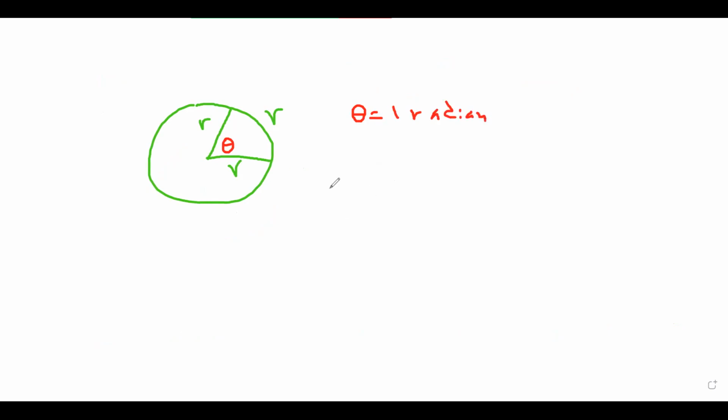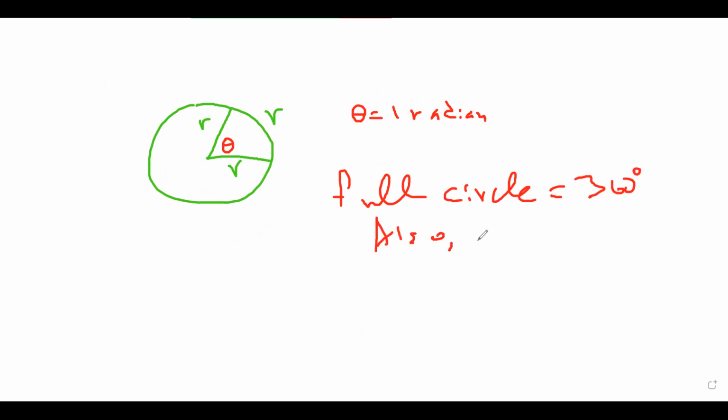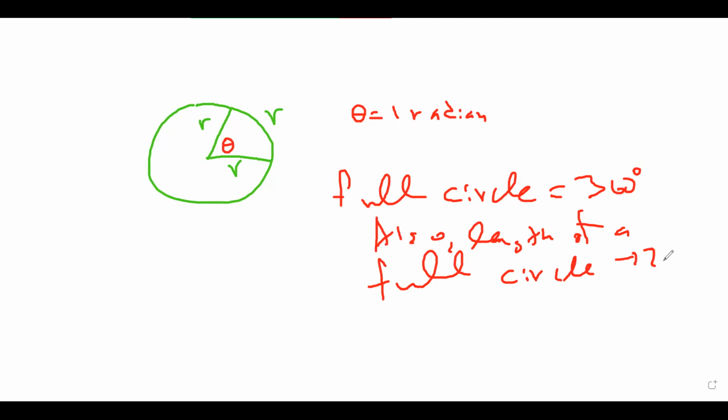So a full circle is how many degrees again? 360 degrees. Also, what do we call the length of the full circle? It's the circumference, 2 pi r. Okay, we're going to do proportional reasoning.